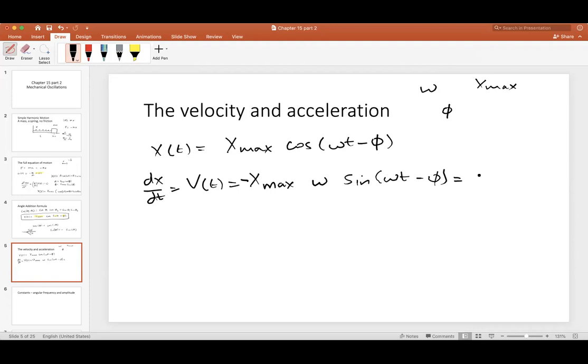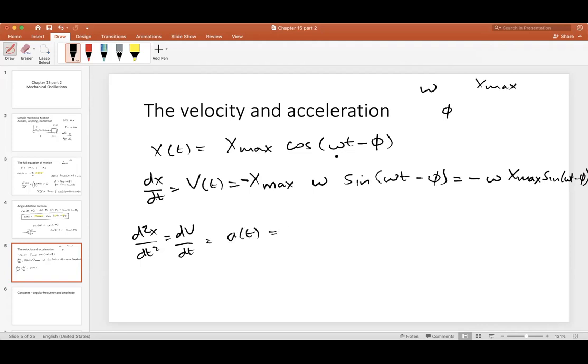I don't like how I wrote that. I'm going to write it like this, just to make it a little easier. And then the second derivative of the position, or the first derivative of the velocity, is our a of t.